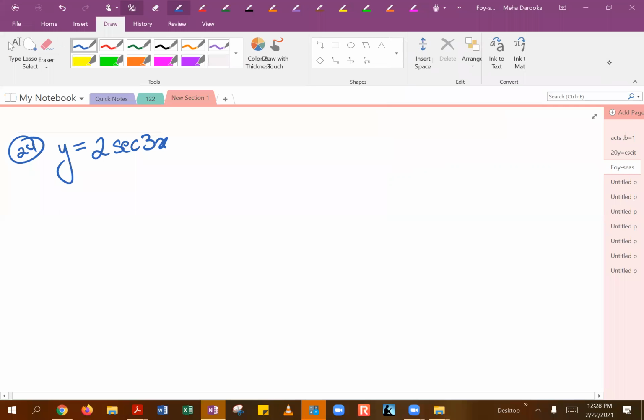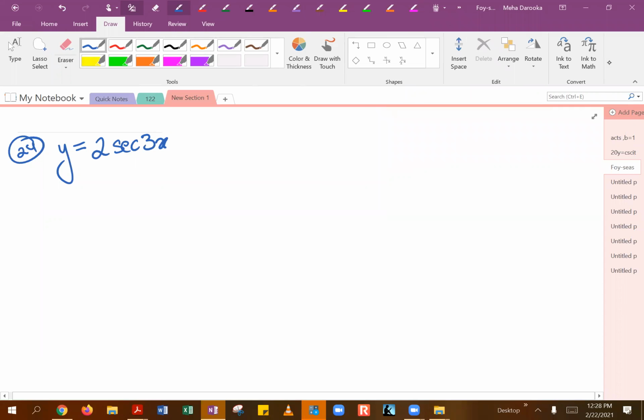Okay. So again, remember, you will actually start by graphing its reciprocal function. So that will be our y equals 2 times secant starts with an s, which means its reciprocal starts with a c. So that will be cosine of 3x.